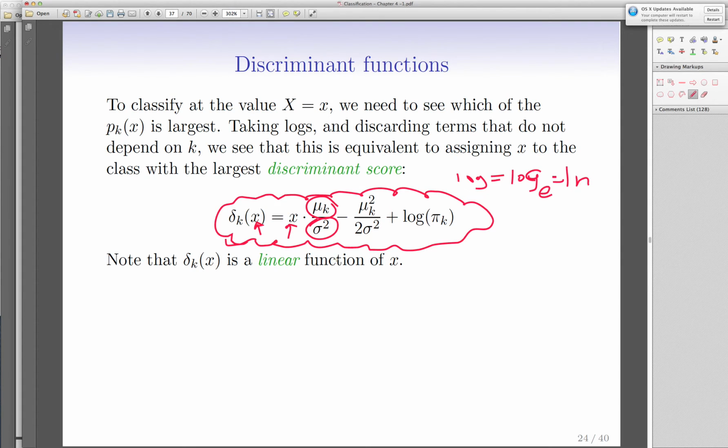And this is called a linear function of x. So what is that? That means for any x, you find the discriminant score for each group. And based on that, you just simply compare the values of two groups. The group that has a higher discriminant score is more likely to contain that x.